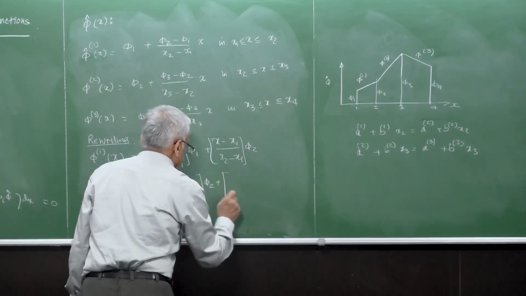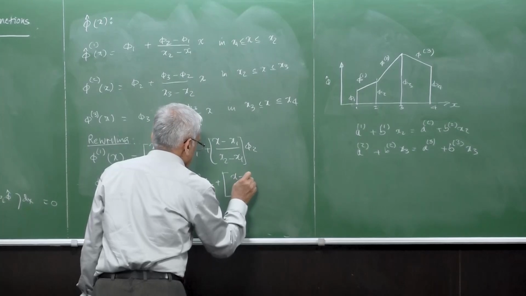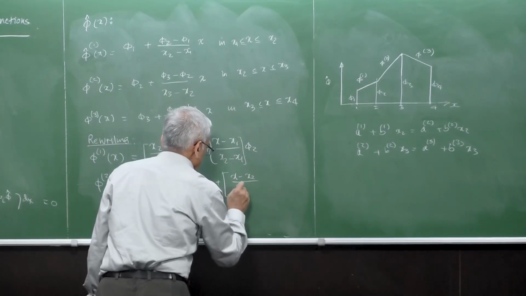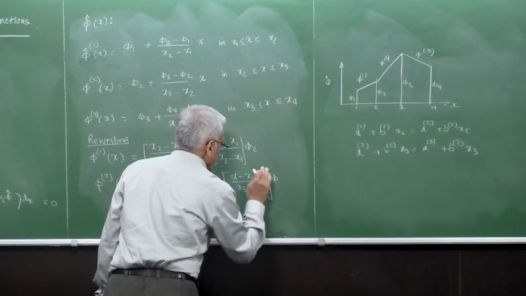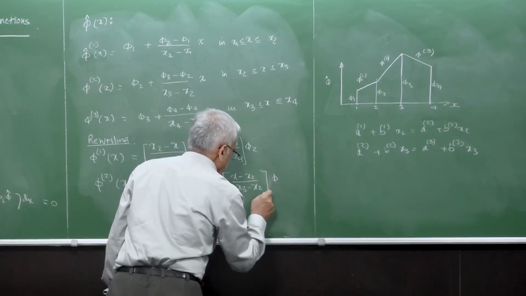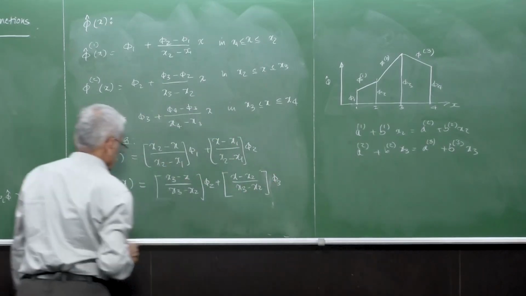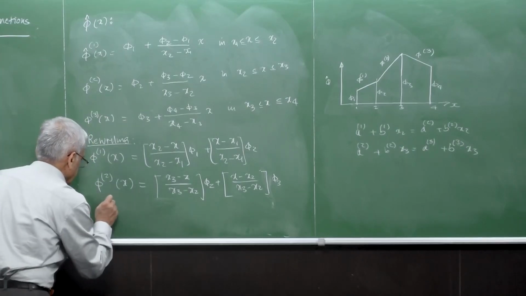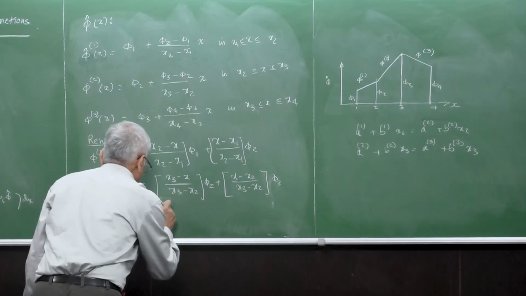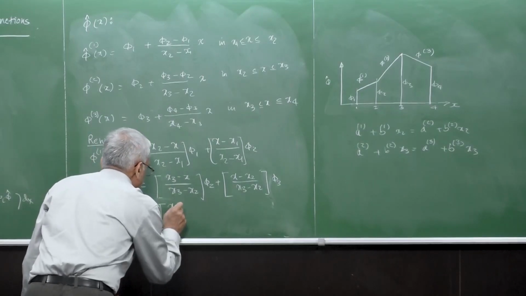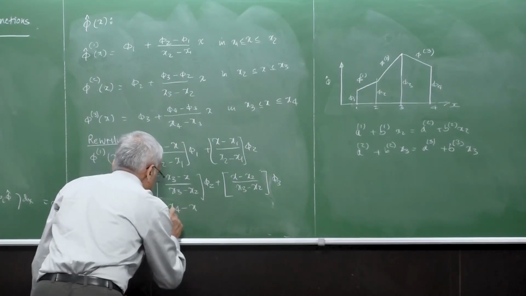I'm just writing it for the sake of completeness. And this is 3 in the third zone. So this is what's going to be x4 minus x.